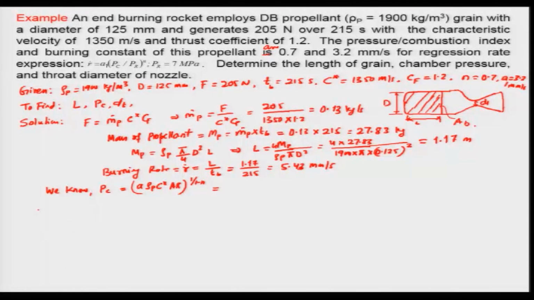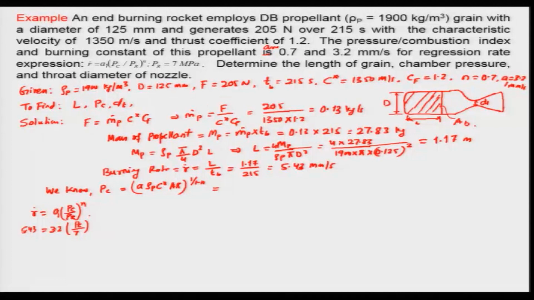So then only we can. The Pc we can find out very easily, because we know the regression rate, that is R dot is equal to A1 Pc by Pr power to the n. So, therefore, we know this regression rate, that is 5.43, and A1 already we know, that is 3.2, and then Pc we do not know, reference is in megapascals.